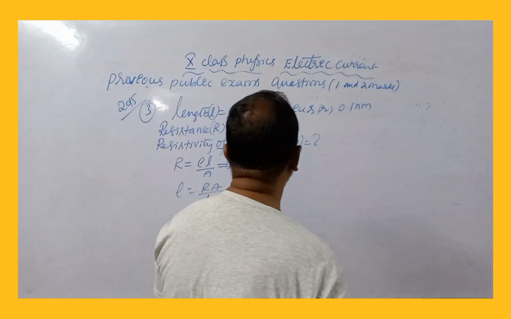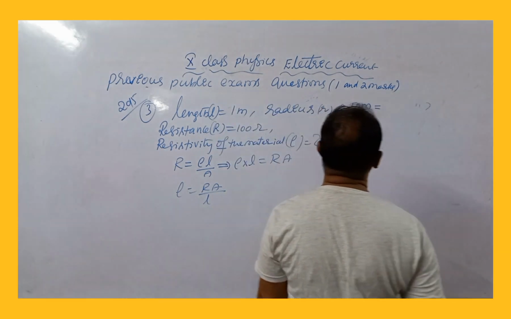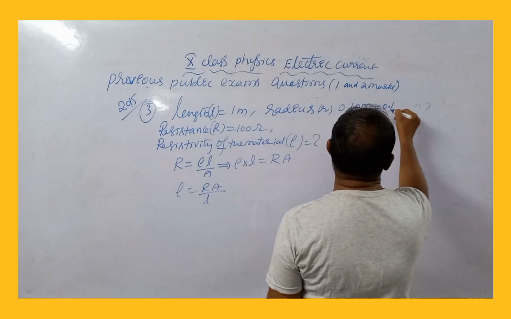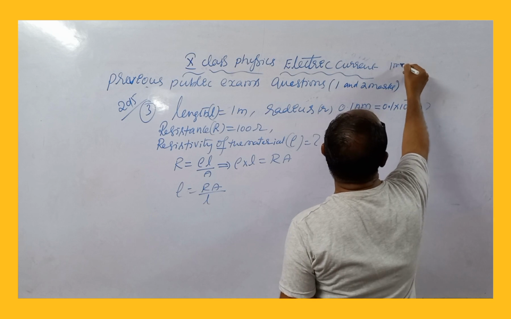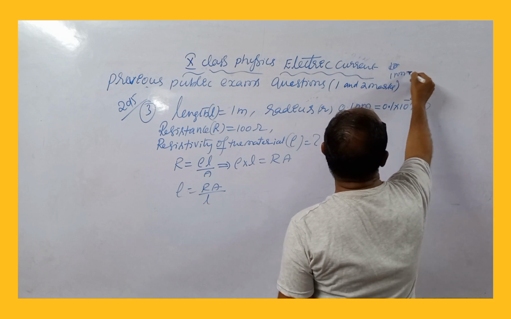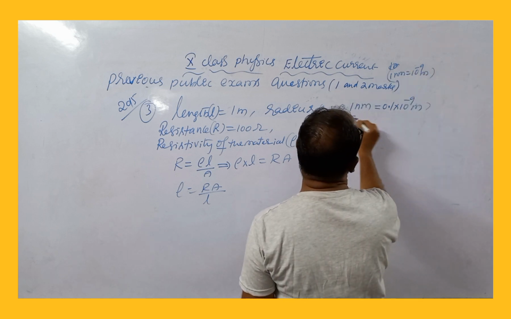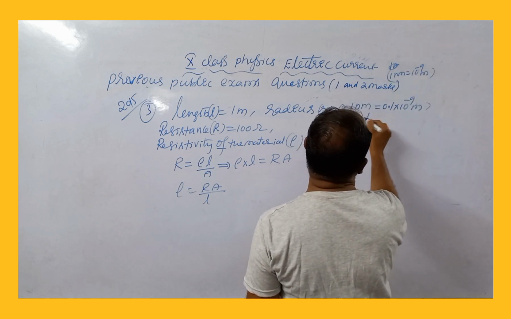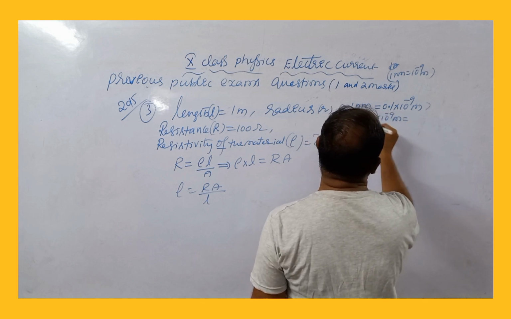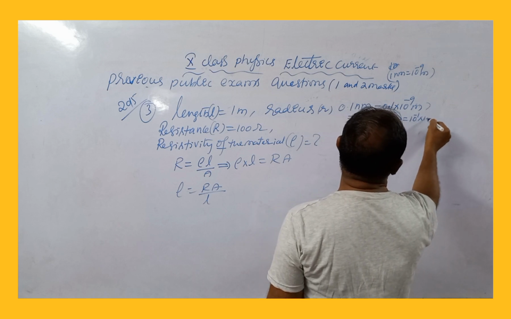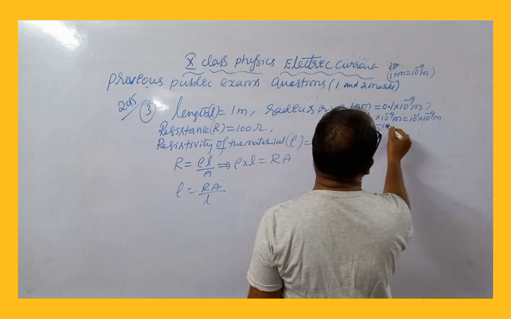Here it is in nanometers, we want to change into meters. 1 nanometer is equals to 10 power minus 9 meters. So 0.1 we can write as 1 by 10 into 10 power minus 9 meters. 1 by 10 means 10 power minus 1 into 10 power minus 9 meter. So radius is equal to 10 power minus 10 meters.